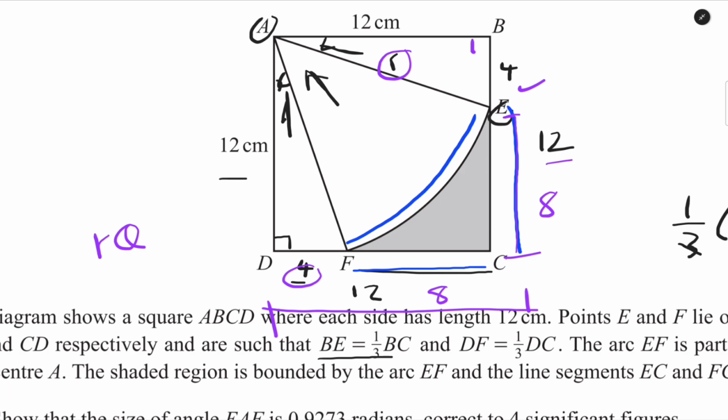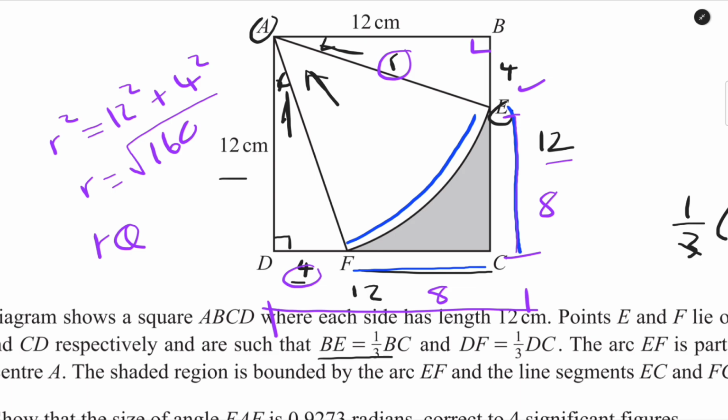We can see that this is a small right angled triangle, which we can use the Pythagoras theorem on to get r. R will be the hypotenuse. So r squared is equal to 12 squared plus 4 squared, and we'll get r to be root of 144 plus 16, root of 160, right?